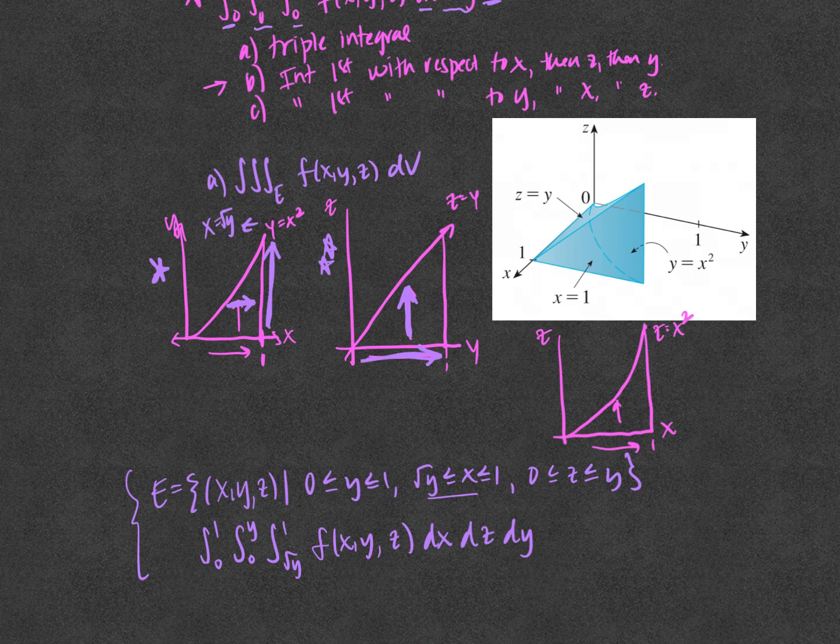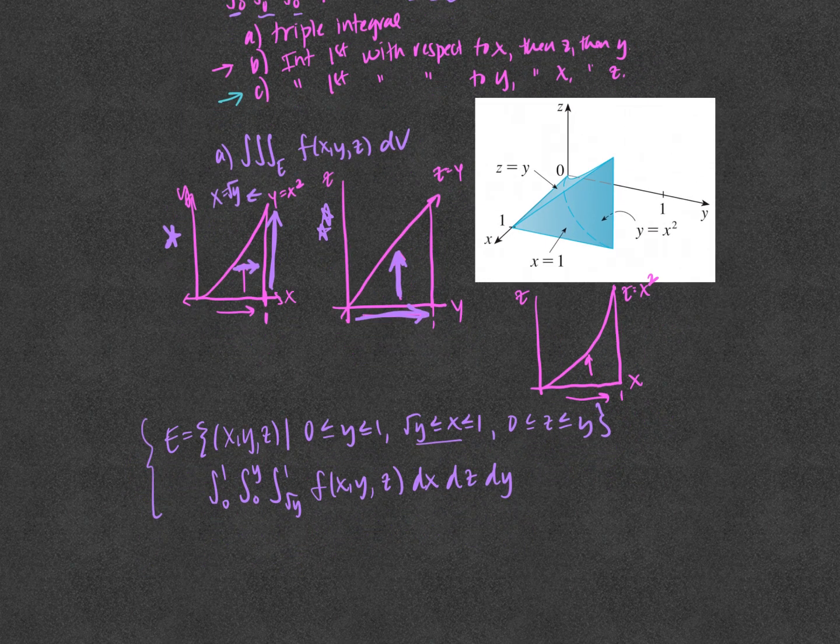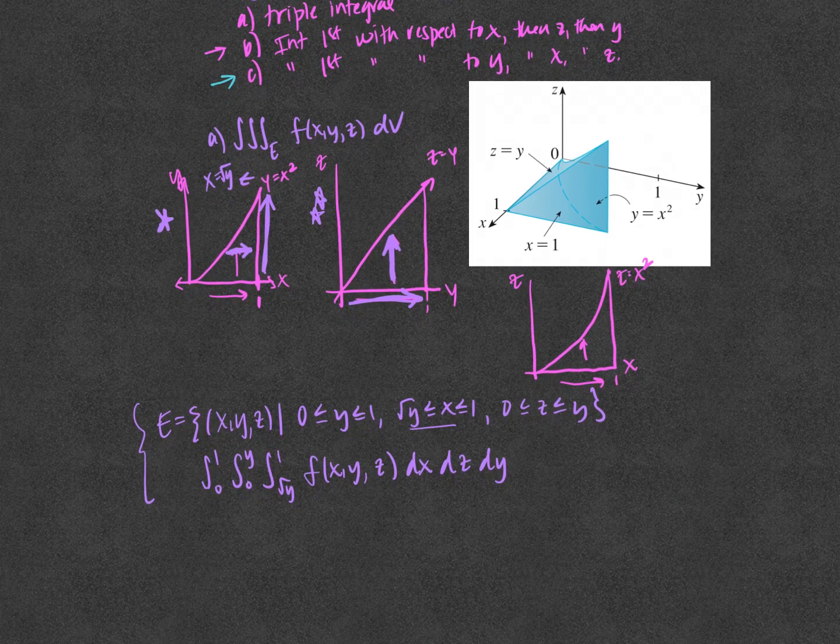So now we're going to do part C, and it says to integrate first with respect to y, then x, then z. So let's build our E again, because when you can build what your region looks like, you can do a whole lot better at building your integral. Now we're integrating last with respect to z, so we want to put everything in terms of z.